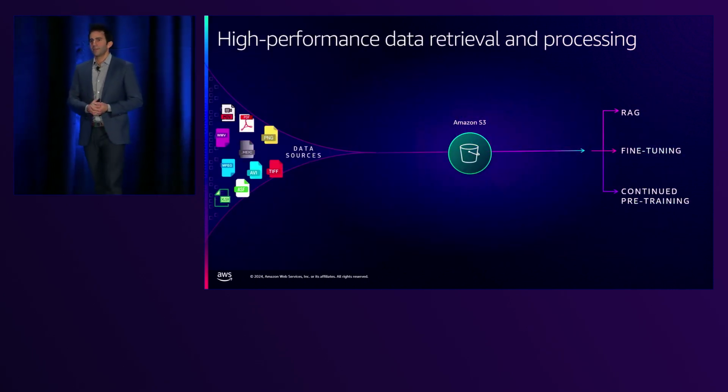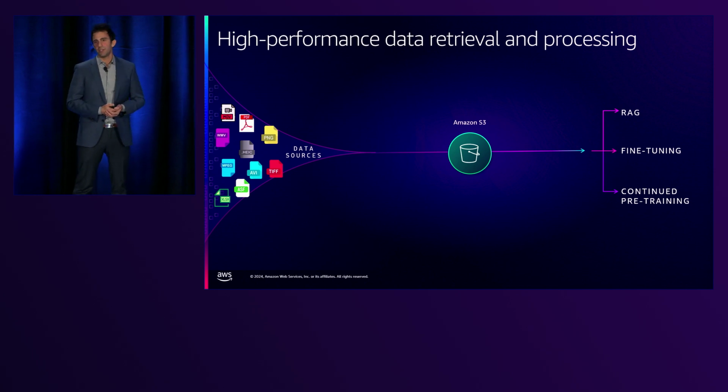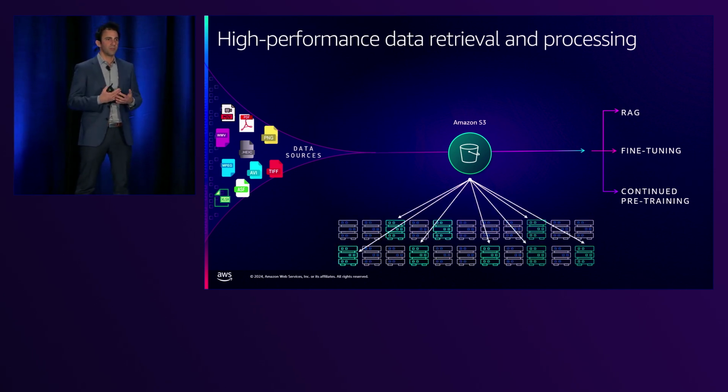The next thing that our customers are telling us when building on existing foundation models is that they need high-performance data retrieval and processing. This is another area where Amazon S3 shines because it has the ability to support parallel access to many different requests within a given bucket.